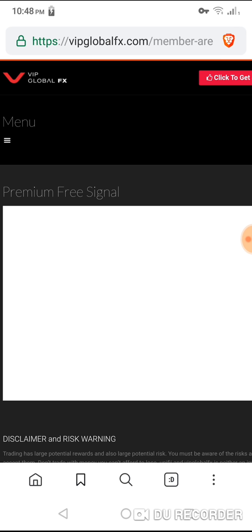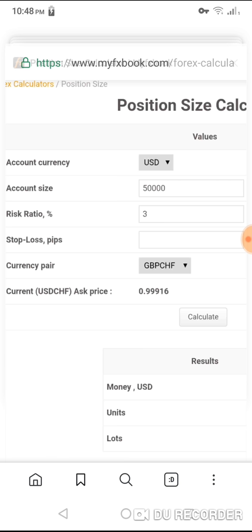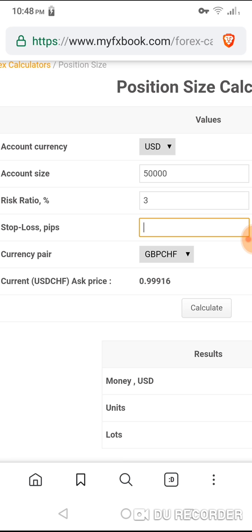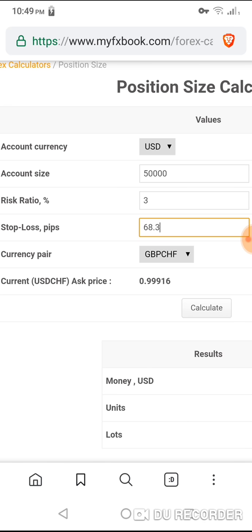In the trade notes down here at the bottom where it says the pips, 68.3 pips. So we're going to go back to our position size calculator, and we're going to type in 68.3, or you could have just copied and pasted. And so now we have all the information inputted.